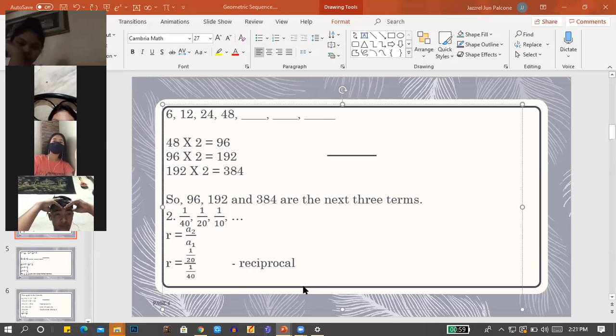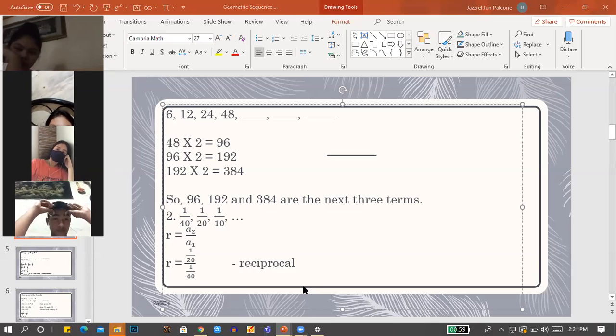Okay, so ano na lang, Kyla, what is our A sub 2? 1/20. Okay, 1 over 20. While our A sub 1, Kyla, is what? 1/40. Okay, so very good. So we have 1 over 20 over 1 over 40.